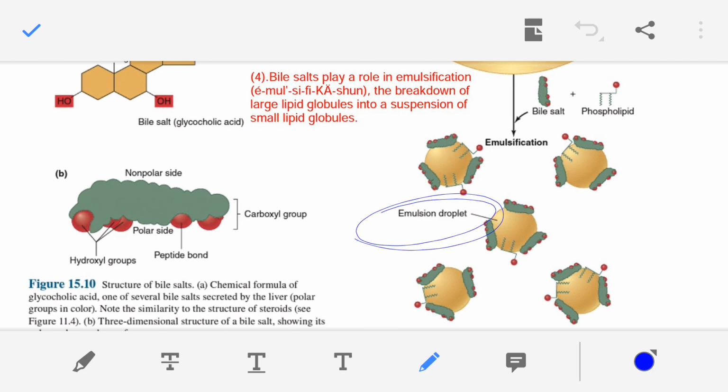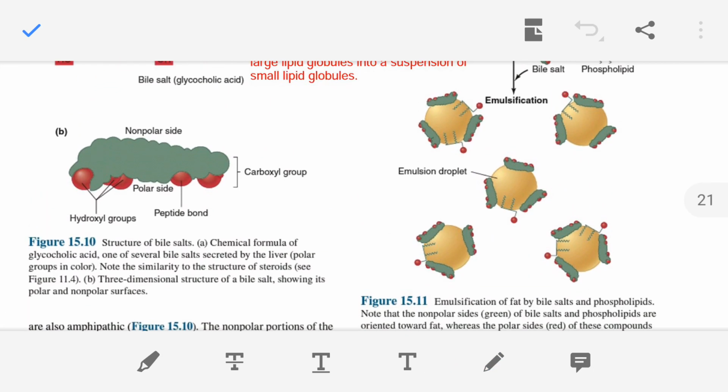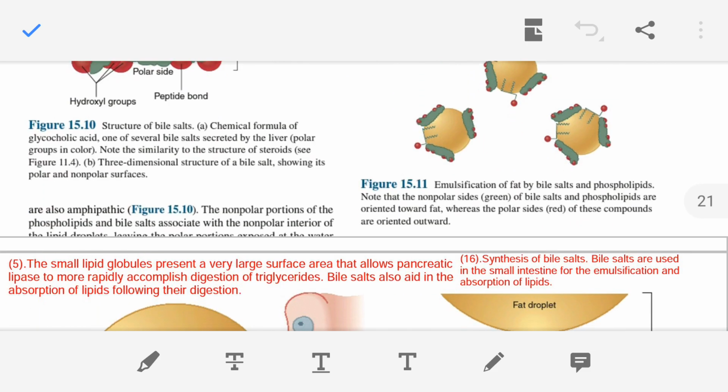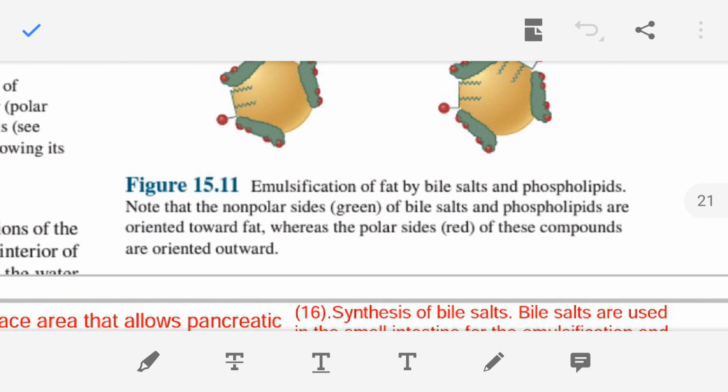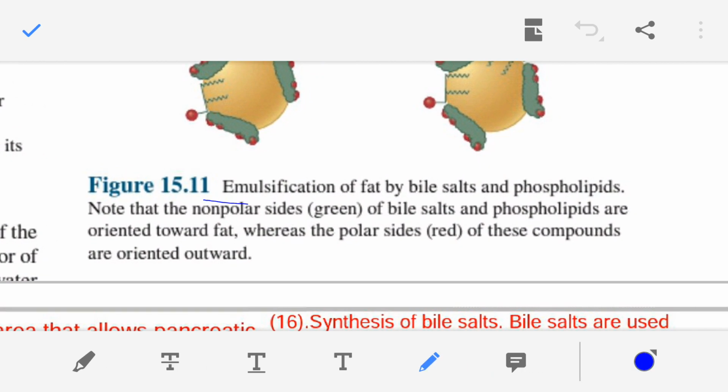These droplets are known as emulsion droplets, and this process is known as emulsification. You can read this right-hand side figure, that is the emulsification of fat by bile salt and phospholipid.